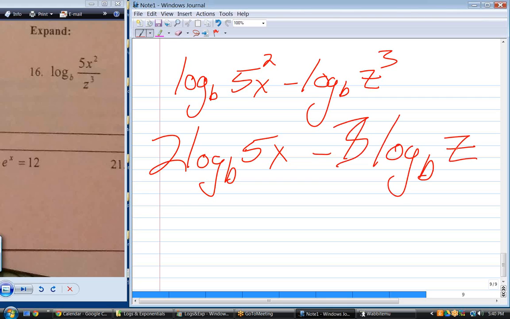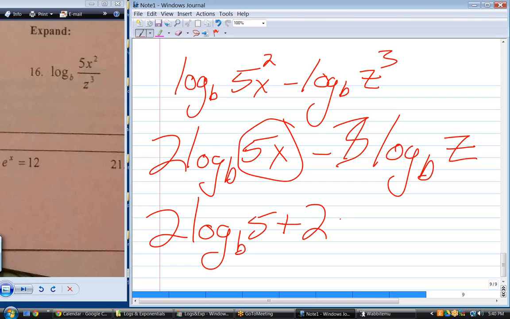And technically, it can be expanded one more time because I got multiplication going on right there. 2 log base b of 5 plus 2 log base b of x, minus 3 log base b of z.